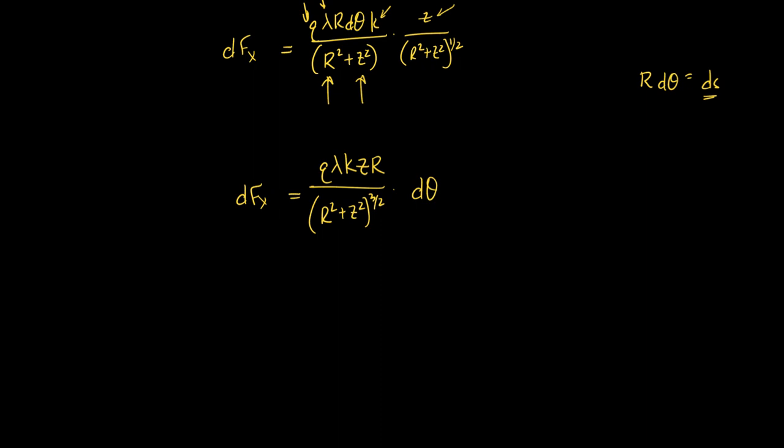D theta is a piece of angle swept out along the ring. R d theta is how long the actual arc of ring is. But R is the same for every one of them. So if I was adding up lots of arc lengths, I could factor the R out and just add up all of the angle measures. That's what this is saying.